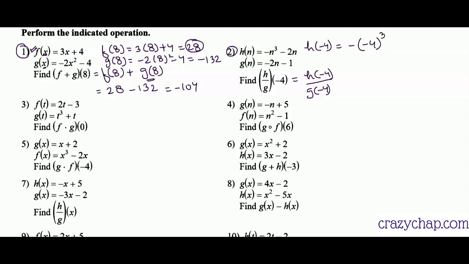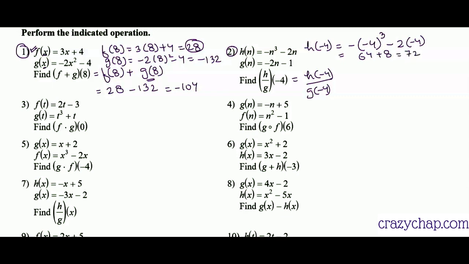And I have to put a bracket because the n value is negative 4. Negative 2 times negative 4, so you know how to calculate. That gives 64 plus 8, which is 72.